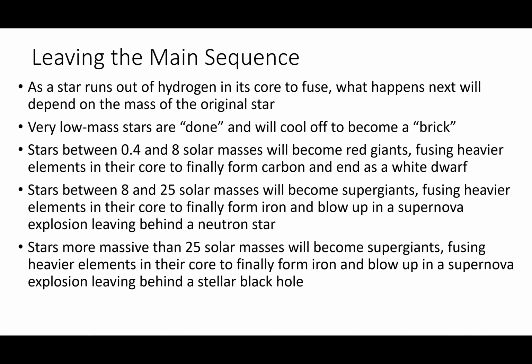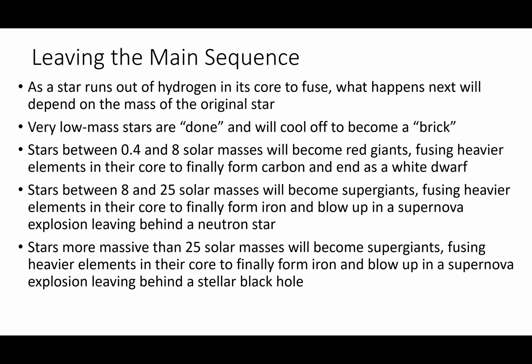There are suns out there, and the threshold's about 150 solar masses. That's just too big. But somewhere between 25 and 150, these guys are considered high mass.